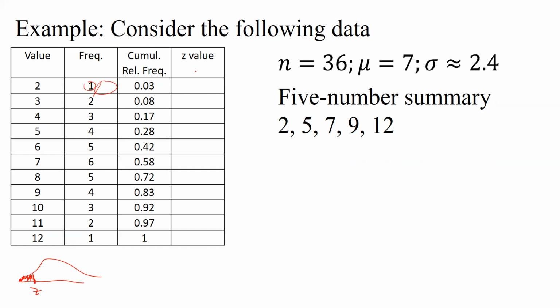For 0.03, there's a 0.0301, negative 1.88. Okay, that seems more accurate. It's off by a place value. Okay, so I'm just going to go through and find those values for Z.